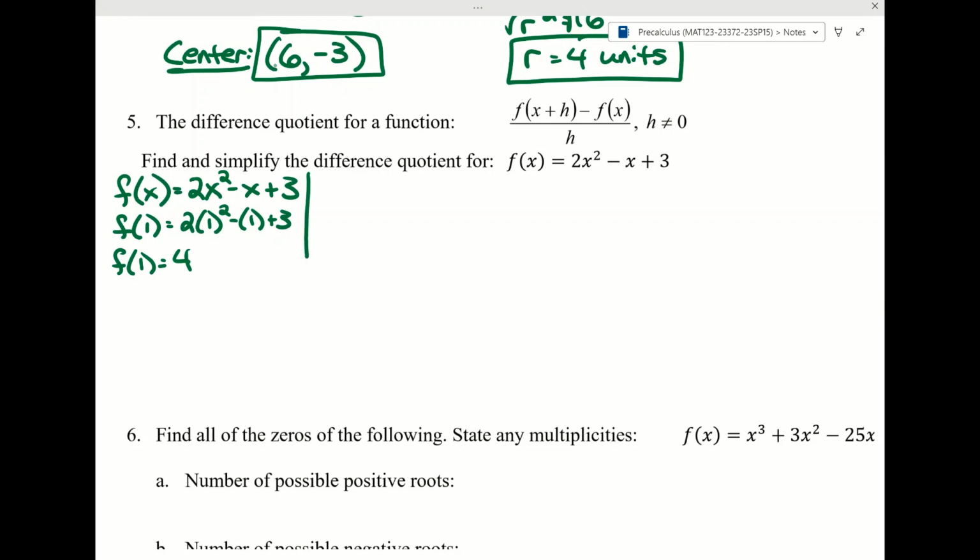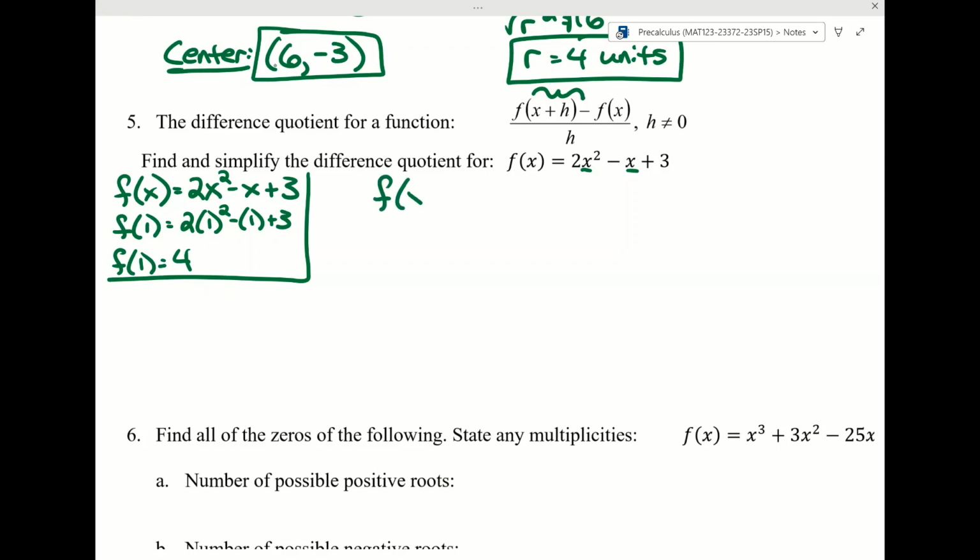So for this problem, we actually have to plug in 2 different things. One piece we have to do is plug in x plus h for all the x's. So the first thing I'm going to do is plug in x plus h for all the x's. Let me write it out for you.